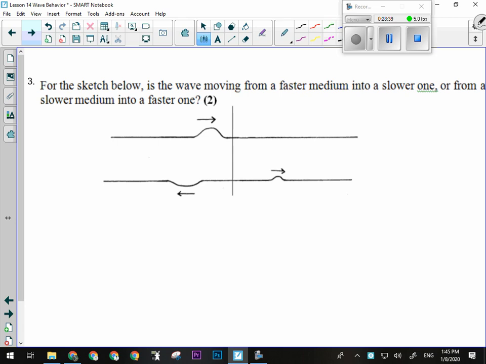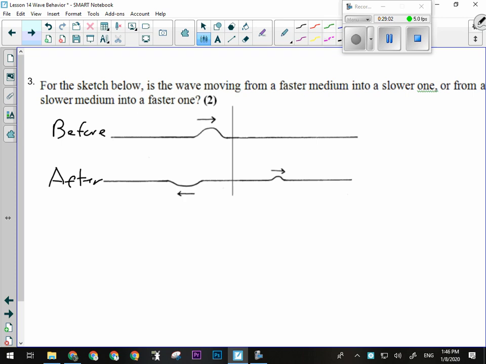Now, for this one here, it's asking us, this is the before picture, and this is the after picture. So I've got an upward pulse approaching a boundary, and then a little while later, I have a reflected pulse that is inverted, and I have a transmitted pulse that's upright, much smaller, much shorter.